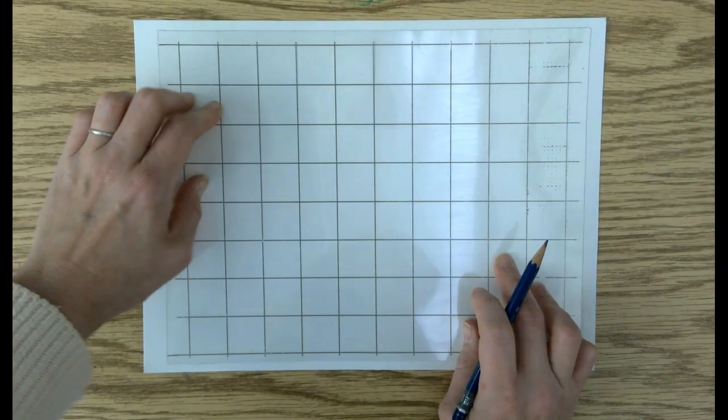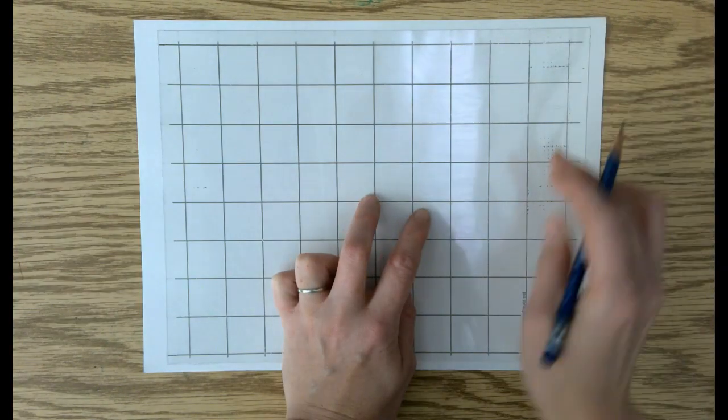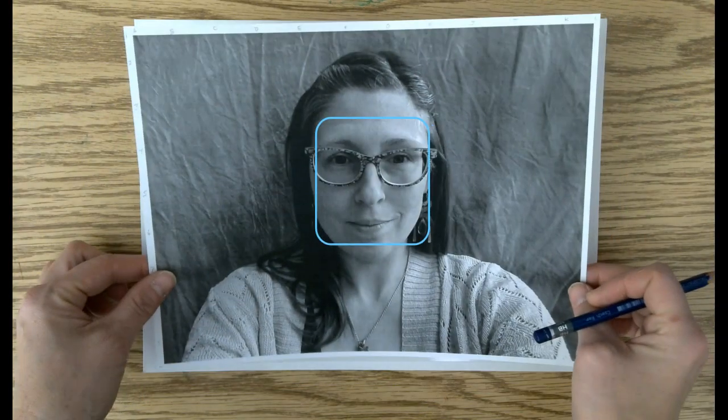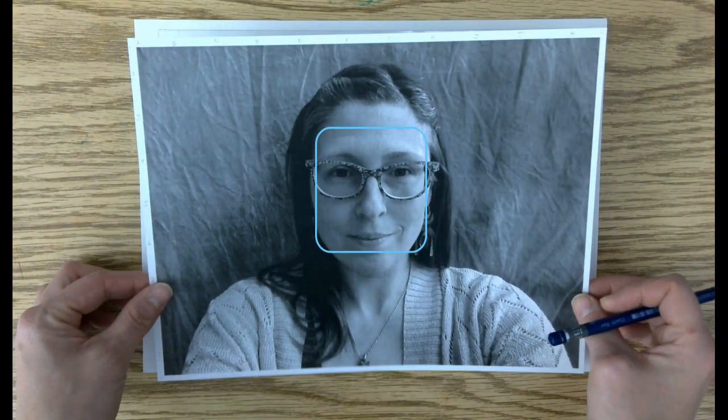All right, so now I've got a rectangle, and that's going to represent the whole piece of paper that I'm going to be using as my photo. So this is the image that I'm gridding.